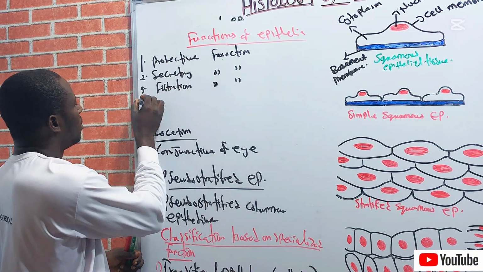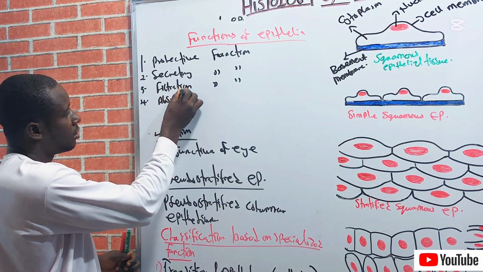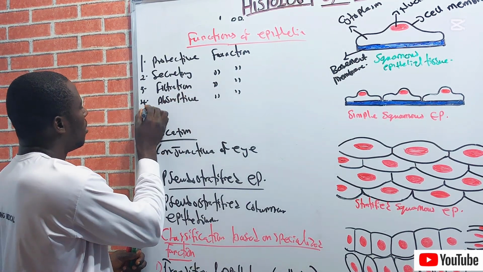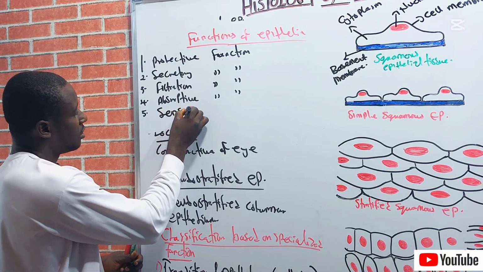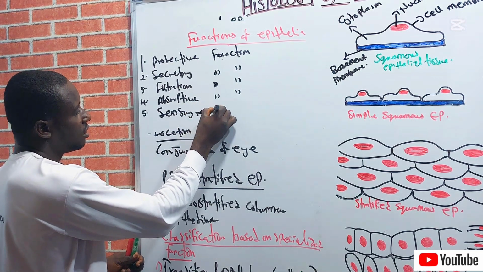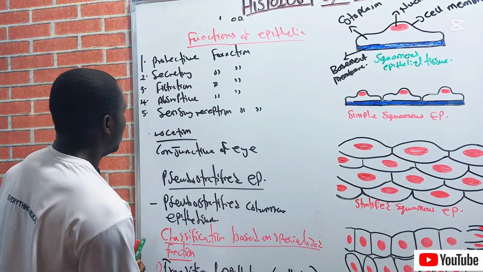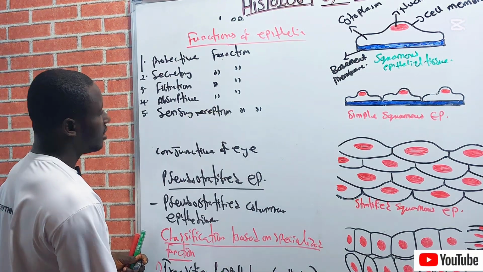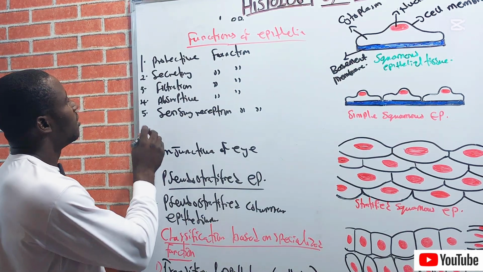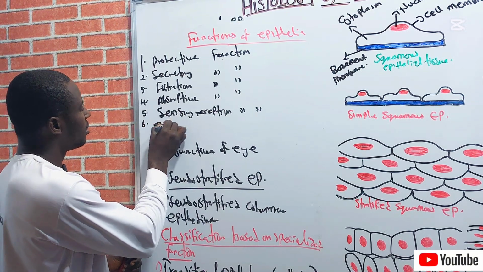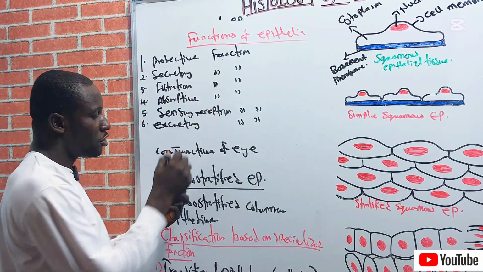Four is absorptive function. Five is sensory reception function. Now, the next one is excretory function. So these are the functions of the epithelia.